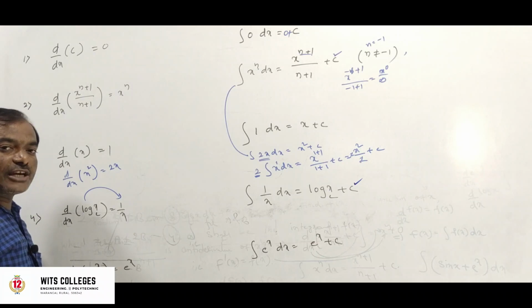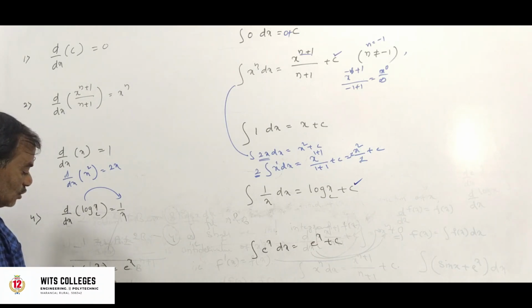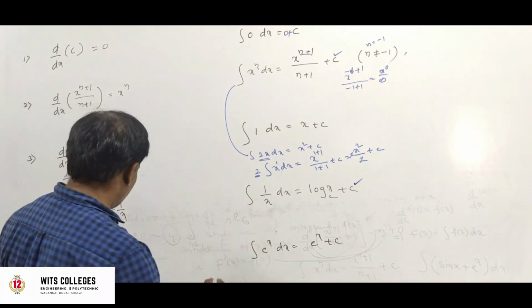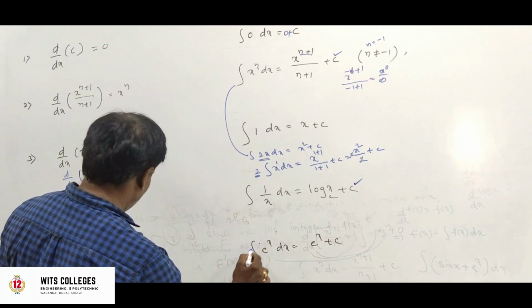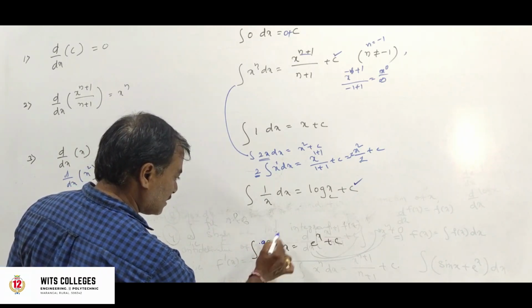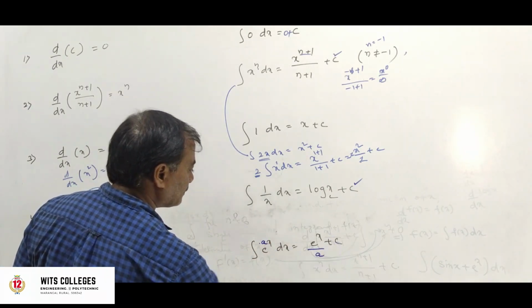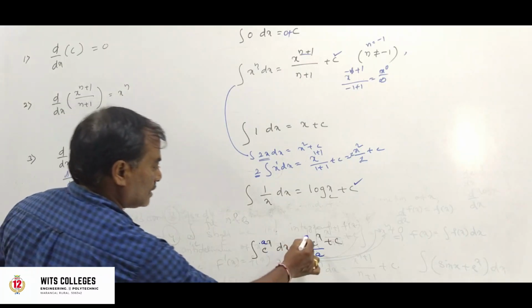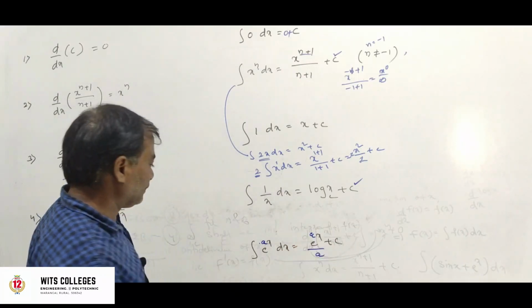And the derivative of the exponential function: the derivative of e power x equals e power x. In case we take a, what happens here? We get a into e to the power of ax.